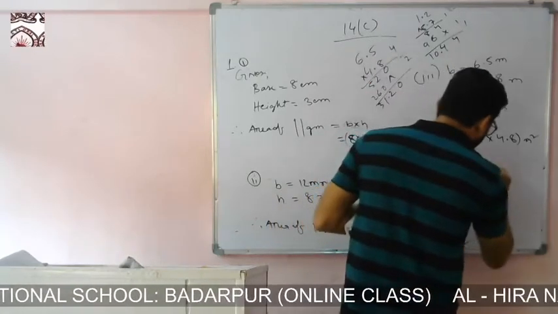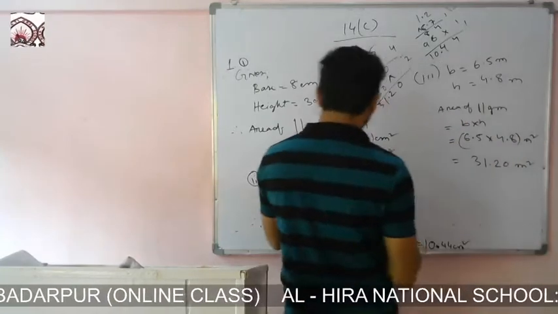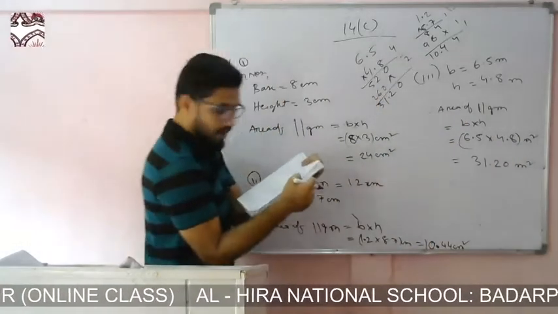That means 31.20 meter square. Okay. Now come to question number 4.